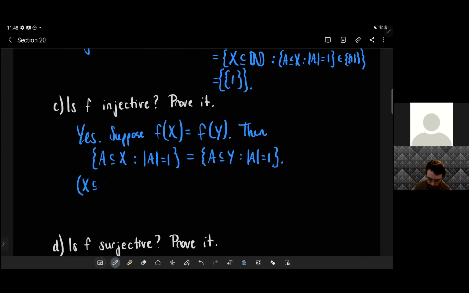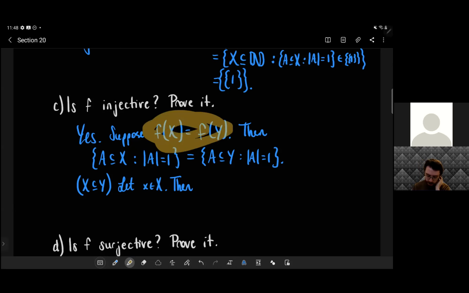So x is a subset of y. Why? Well, let x be an element of x. Then, what do I know? This one's a little tricky to think about. You want to show that if x is in the set x, then it has to be in the set y. All I know is that their images are equal. But what's in their image? Well, the image of the set x is all the singletons.